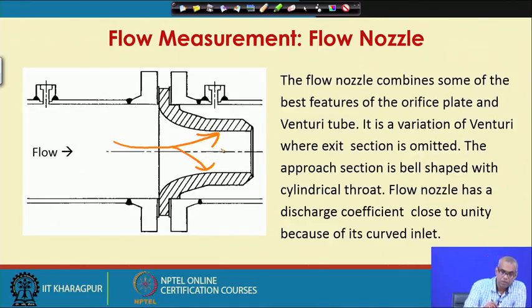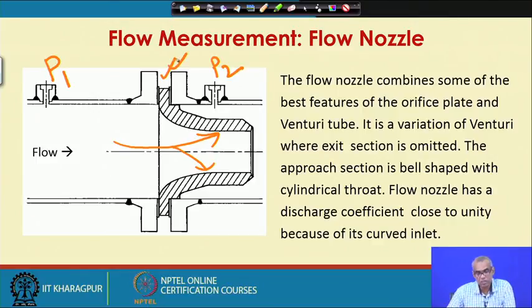You have one pressure port here, another pressure port here. The nozzle is connected in the pipe using a flange.